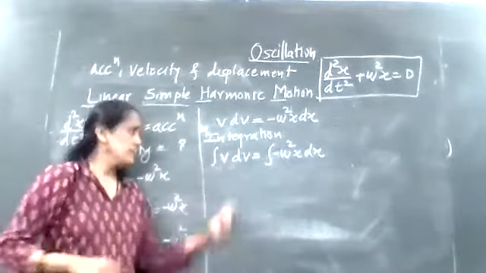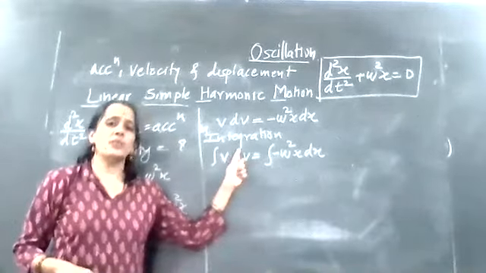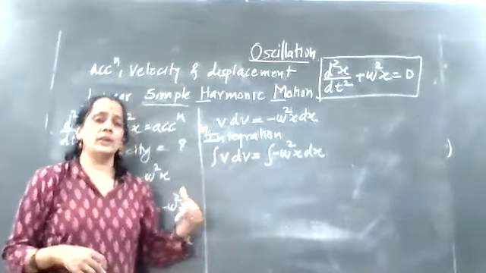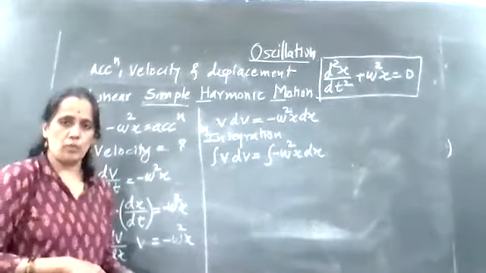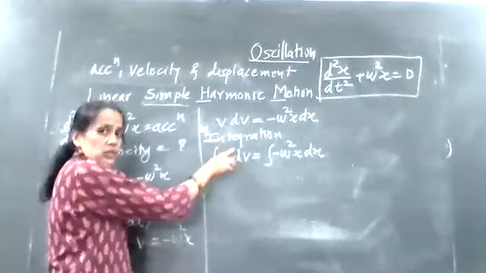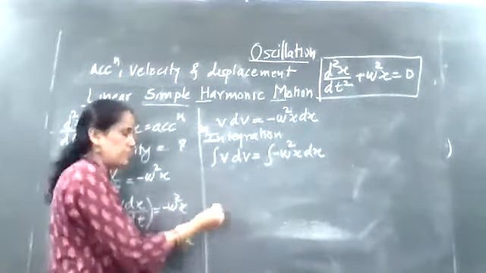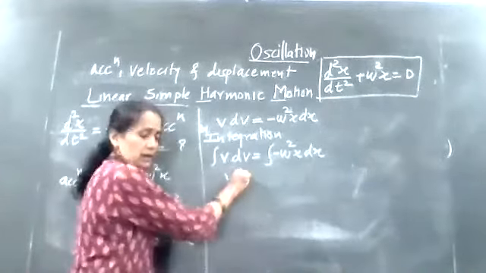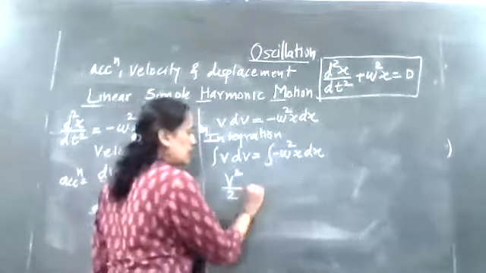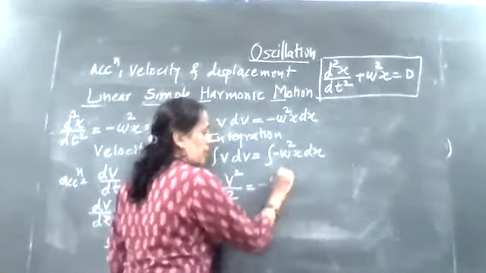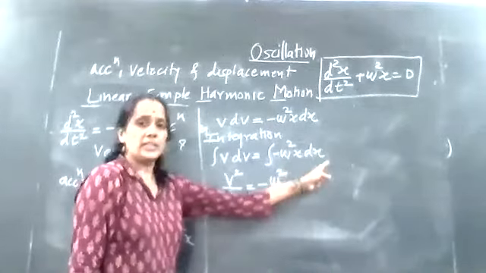Integration rule: the variable is v, the power is 1. In integration, the power of the variable is increased by 1 and divided by the new power. Originally the power is 1, so it will become v square divided by 2, equal to minus omega square, which is a constant, times the integration of x dx.